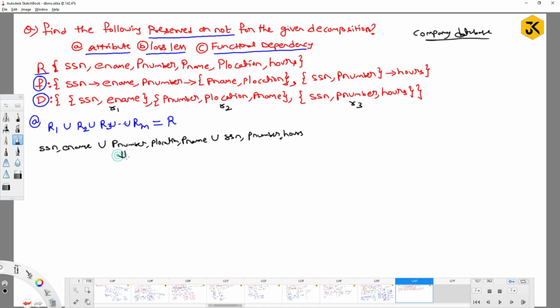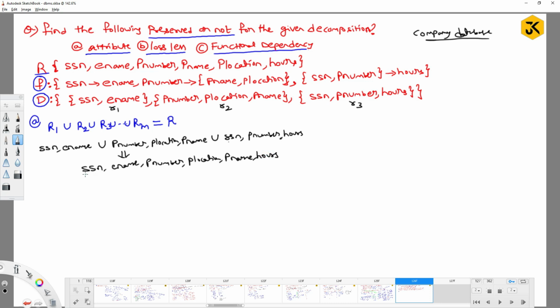If you try to write them removing the duplicates, you will get SSN, ename, and P number, P location, P name. SSN is a duplicate, yes, and P number is a duplicate, and finally you have to write the hours.